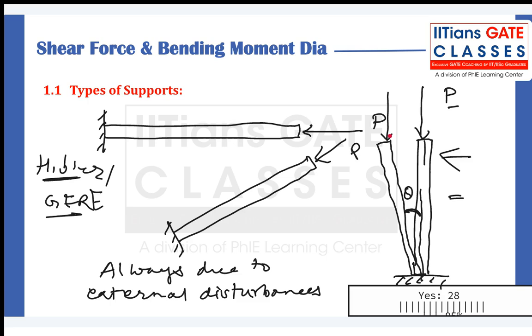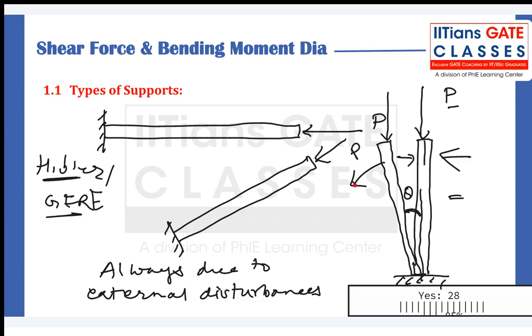Suppose due to this wind or some external disturbance, it got deflected by some angle theta. What happened after that? There are two chances, right? It may come back to the original position, or it may deflect further.